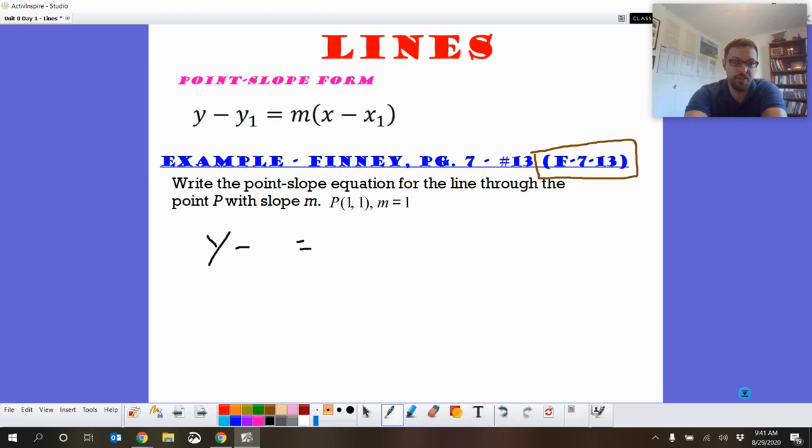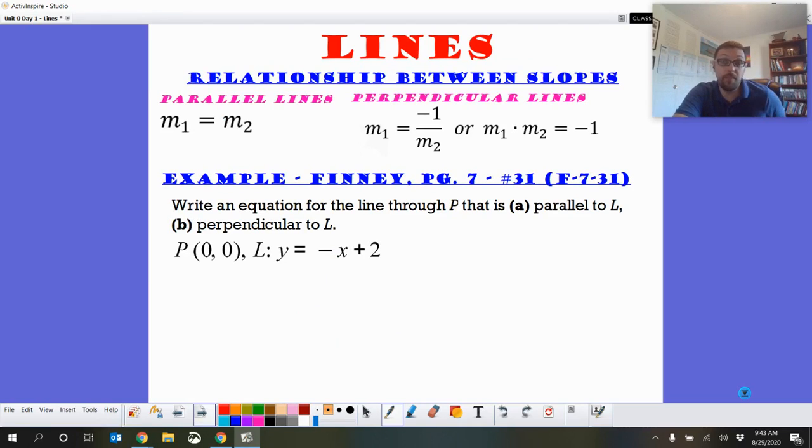I'll leave a little space for my y1 and my m. We're going to take our point P, that's 1 and 1, and put them into the x and the y spots. And then our slope is also 1. So then that's done. We've got a point-slope equation for that line that goes through the point P and has a slope of m. That easy.